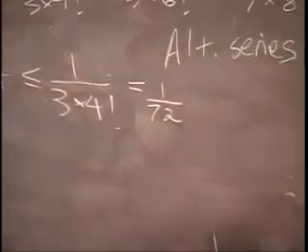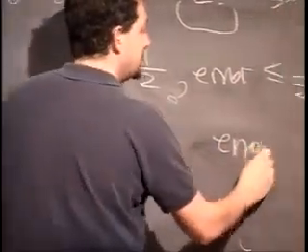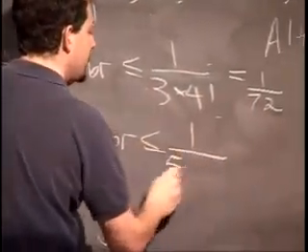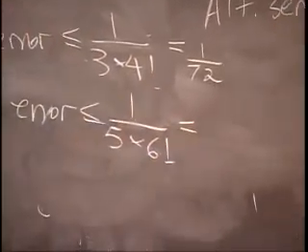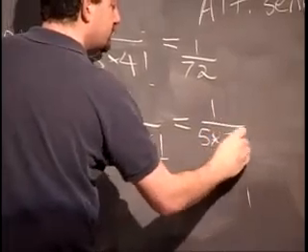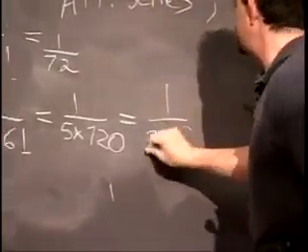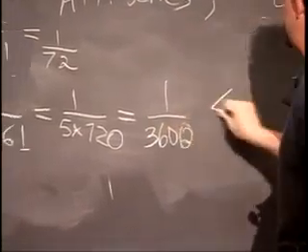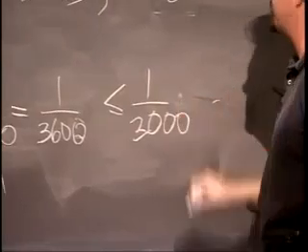Or we could use 1/2 minus 1 over 72 with an error less than or equal to 1 over 5 times 6 factorial, which is the next term. That is 1 over 5 times 720, which is equal to 1 over 3600, which is good enough. It's less than 1 over 3000.